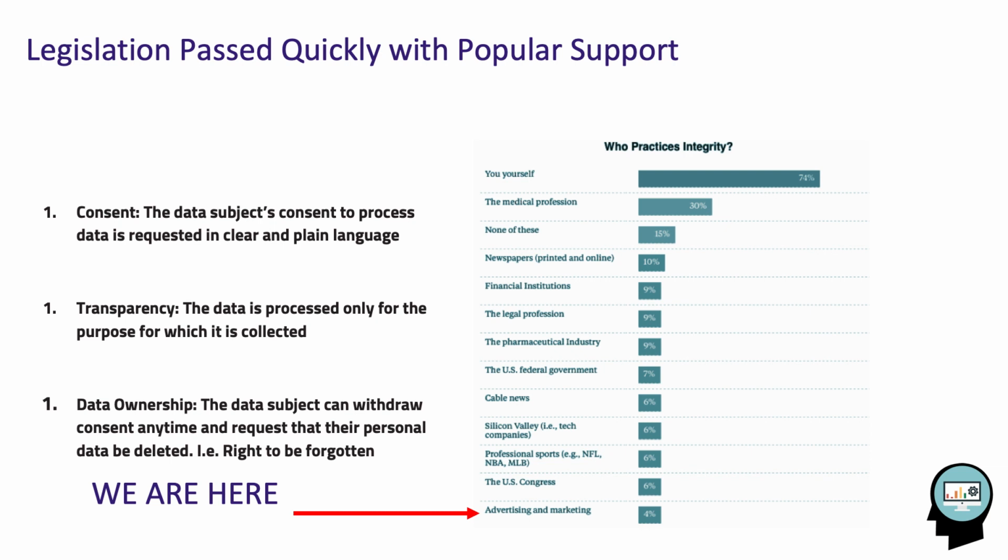The graphic on the right shows, and this is 2015, so keep that in mind, that folks consider themselves high integrity individuals. Below that is the medical profession, which may have changed with COVID, but that's a different topic. But at the very bottom, you'll see marketing and advertising. That's even below U.S. politicians, so that's rough.